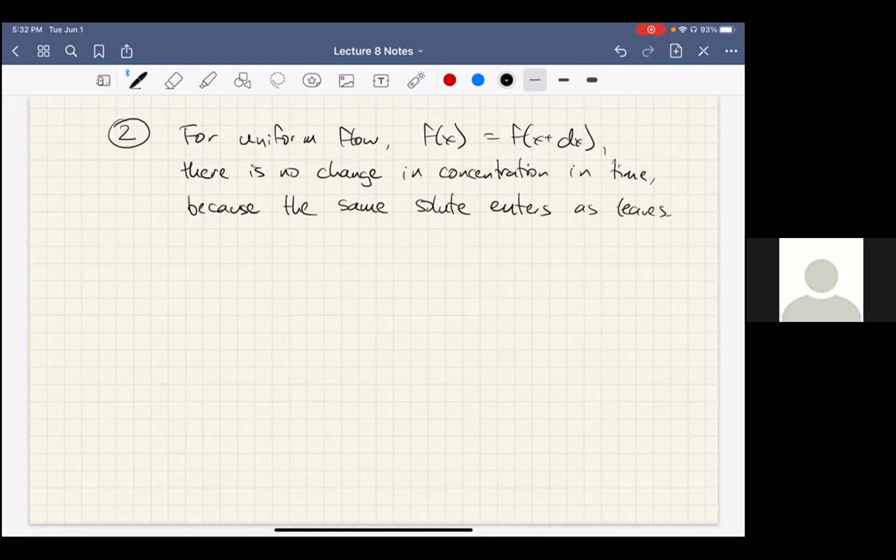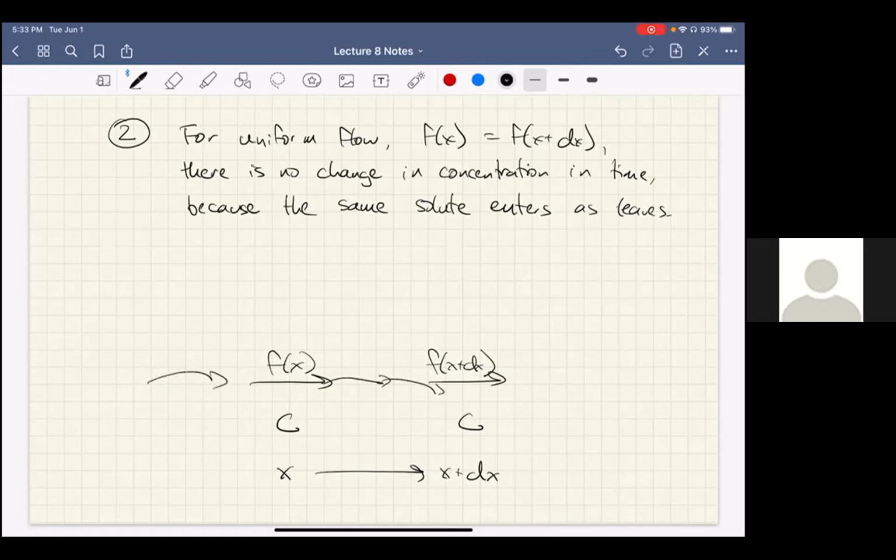Imagine the picture here, again from x to x plus dx. If I have a flow here, and it's the same as the flow here, then the concentration will be the same because whatever leaves here enters here, and presumably there's also something else over here that's entering here. So basically the flow of solute will all be the same.